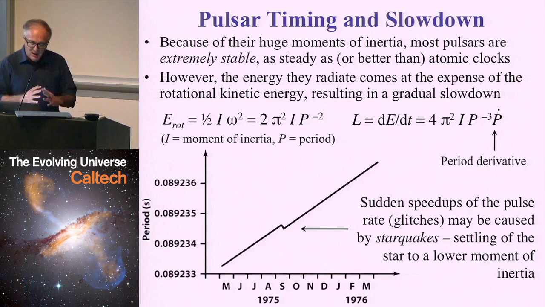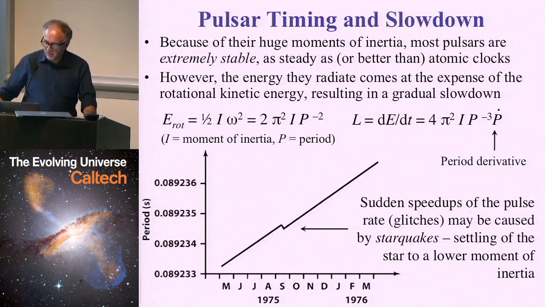Because energy is going down, it's negative, so we will have to compensate with a minus from the derivative. This is a simple derivation, and luminosity will be directly proportional to the period derivative in time, which you can measure using pulsar timing.